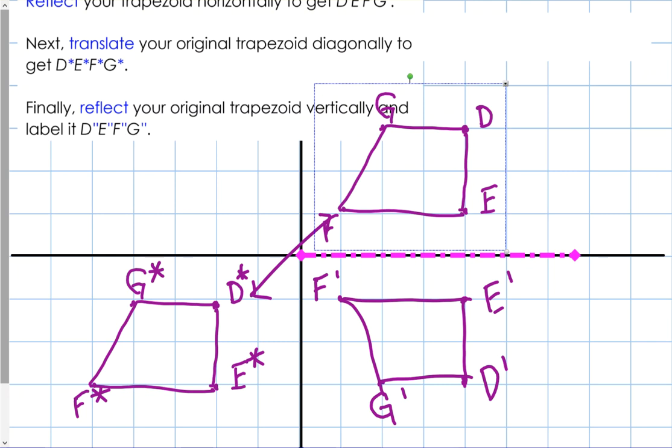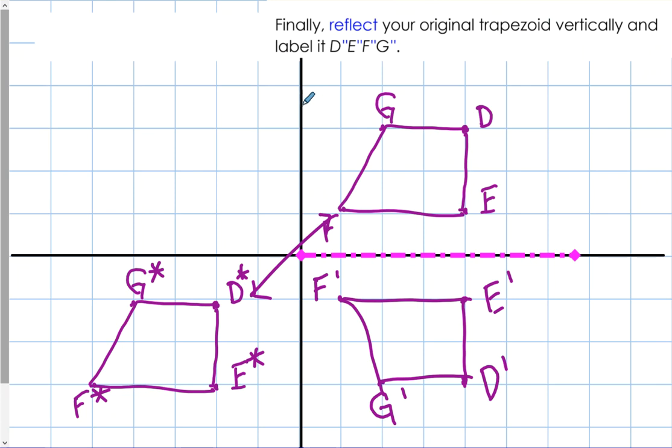Let's try that together. To reflect our trapezoid vertically, we must imagine a vertical mirror line. Let's use the y-axis. Next, we will redraw each vertice equal distance from the mirror line. Point F is 1 unit from our mirror line.